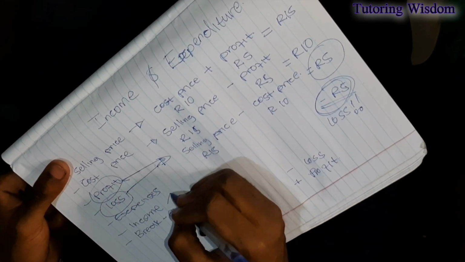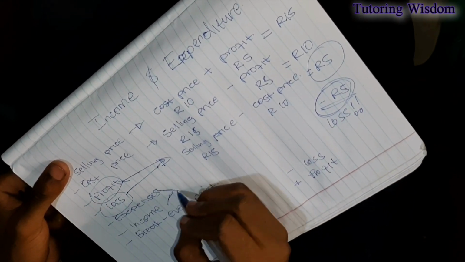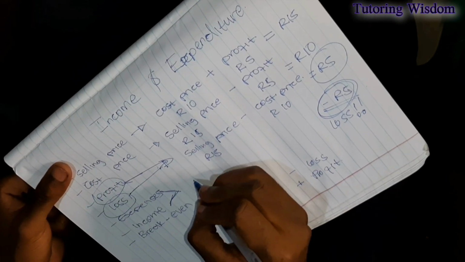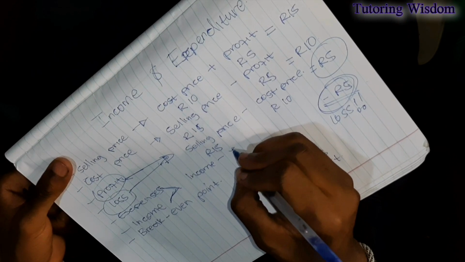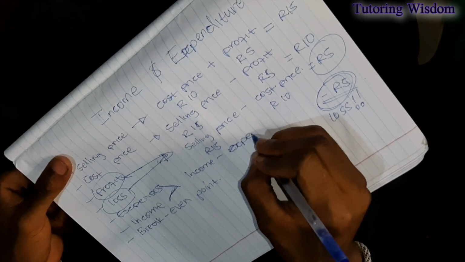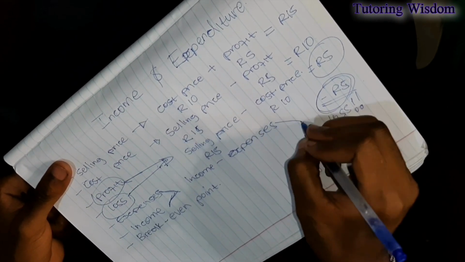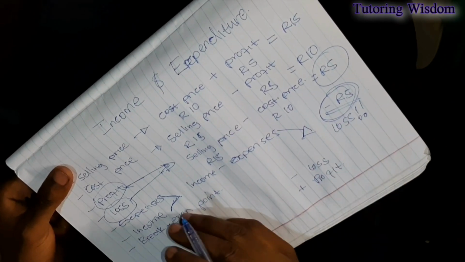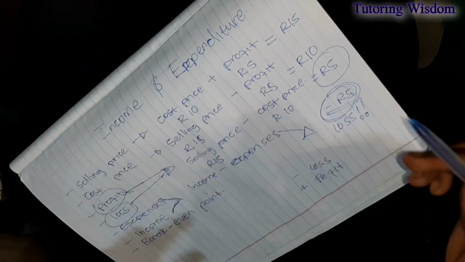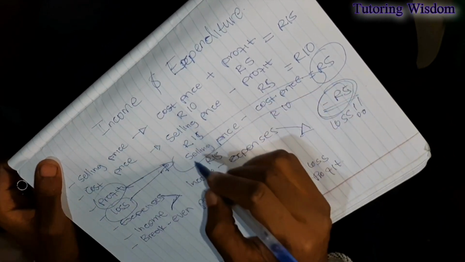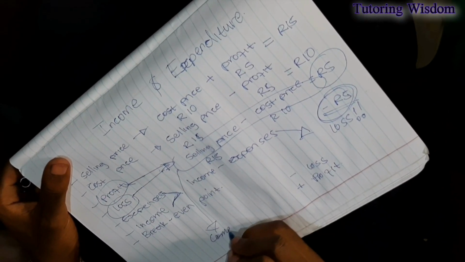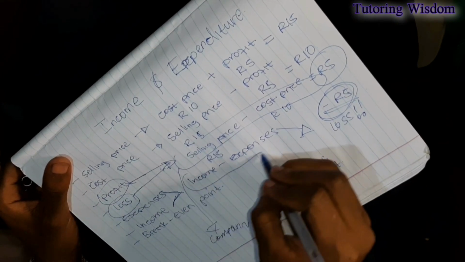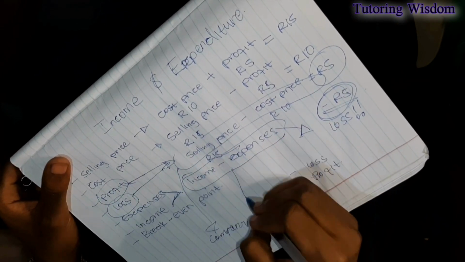Now you can either calculate your profit and loss using those or using your income minus your expenses. It still leads to the same thing and the same theory, but in different cases, in different questions. So this is for a company or a shop. But this is for a person's personal statement.